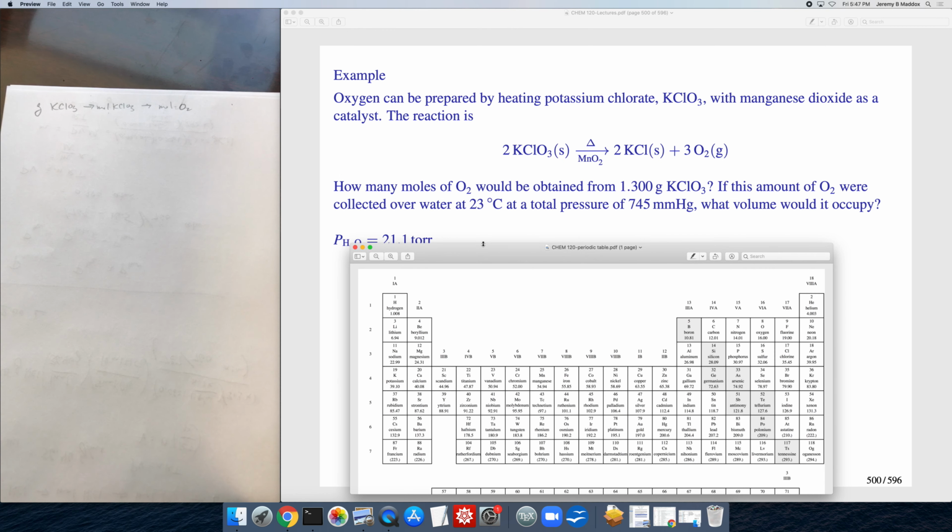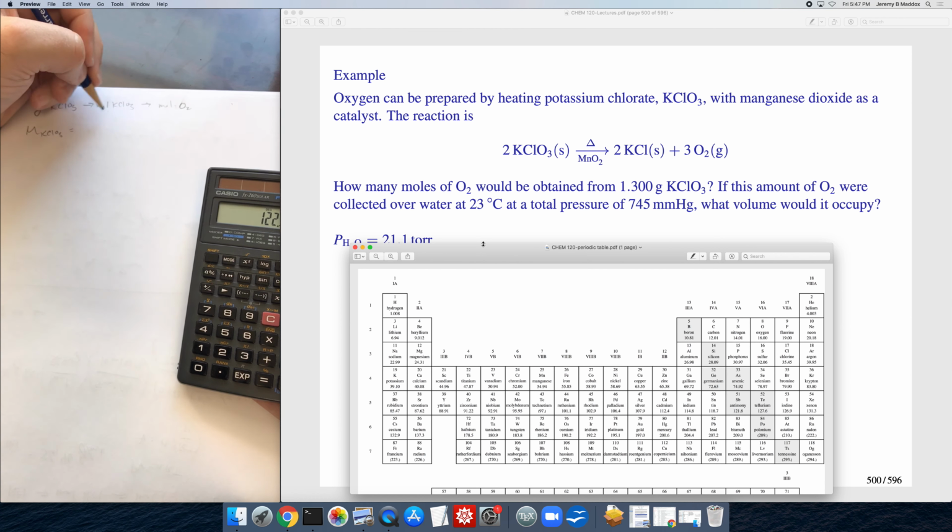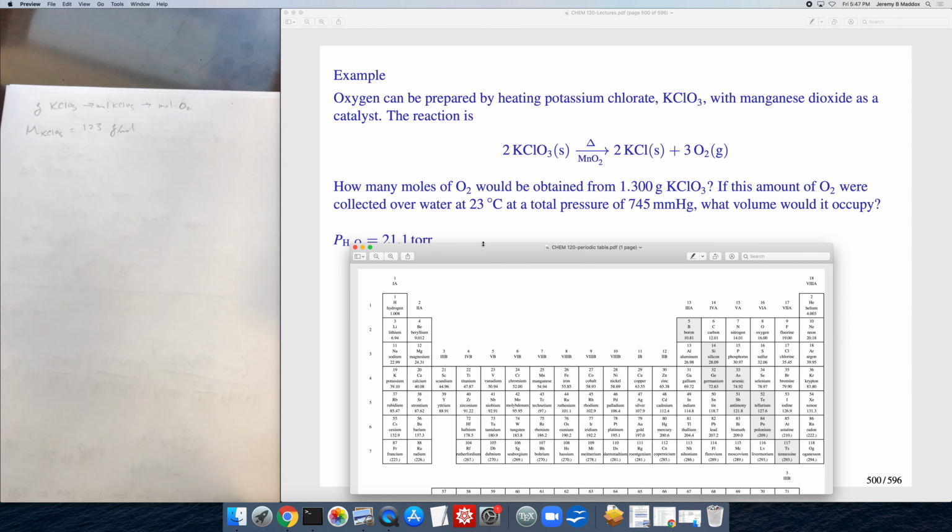So potassium, we've got 39.1 plus the chlorine plus 3 times 16 for the oxygen. So the molar mass of the potassium chlorate is 123 grams per mole.